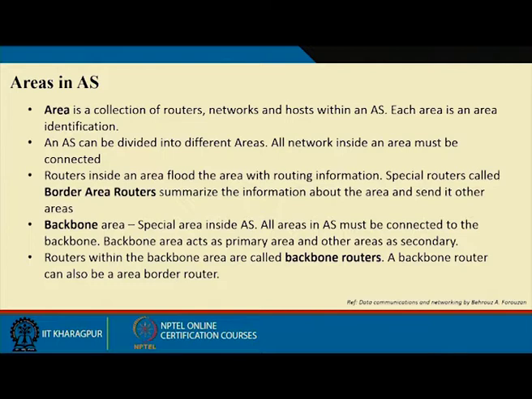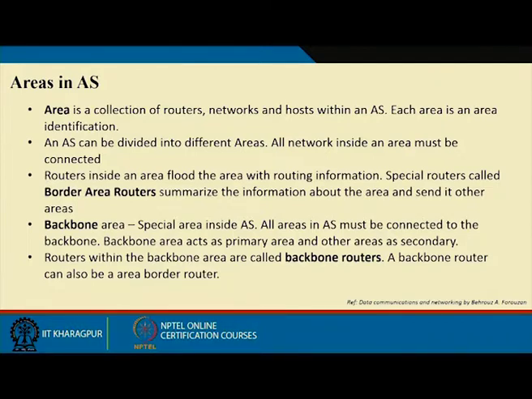So, in an autonomous system there is an area called the backbone area, or at times the area with ID 0, which takes care of and summarizes the information of all the areas of the autonomous system. All areas must be connected to the backbone area, and the backbone area acts as the primary area and the other areas as secondary.